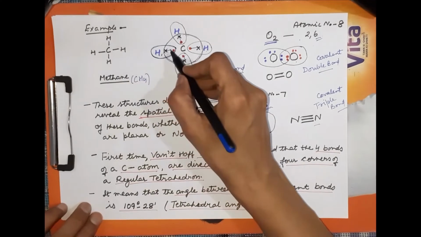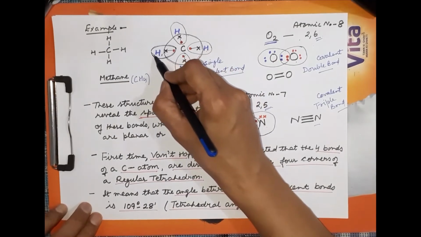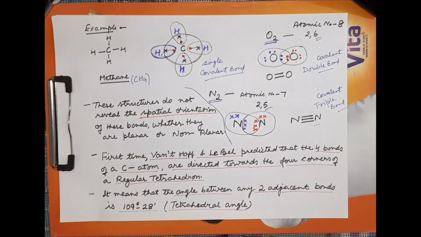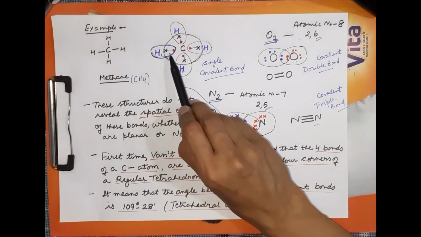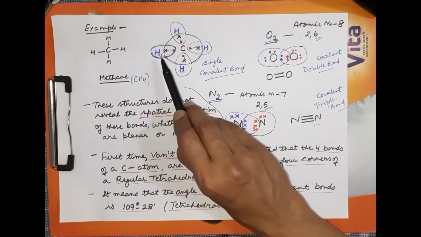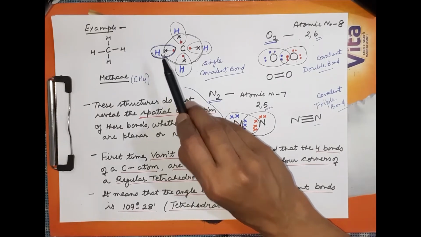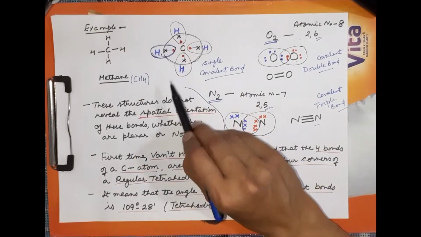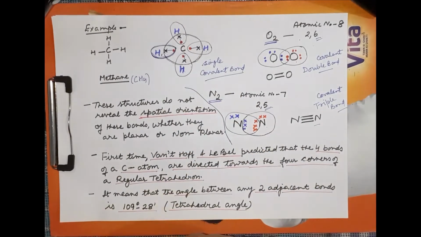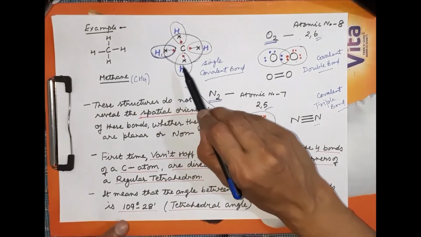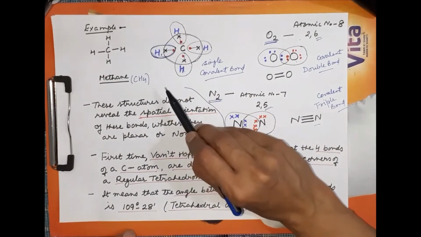So here I have shown it like this. This hydrogen is sharing this 1 electron of the carbon atom. In this way, hydrogen is able to stabilize itself by having 2 electrons. In the same way, all other 3 hydrogen atoms also stabilize themselves by sharing 1 electron with the carbon atom.